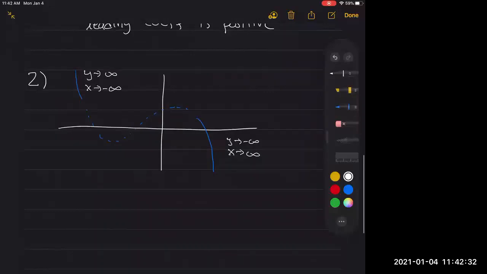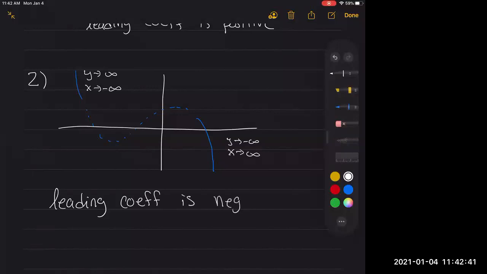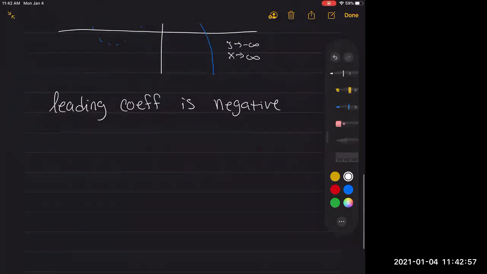And this case happens when the leading coefficient is negative. This is why our leading coefficient was so important and why we stressed it in the first lecture, because it determines the end behavior of our polynomials.